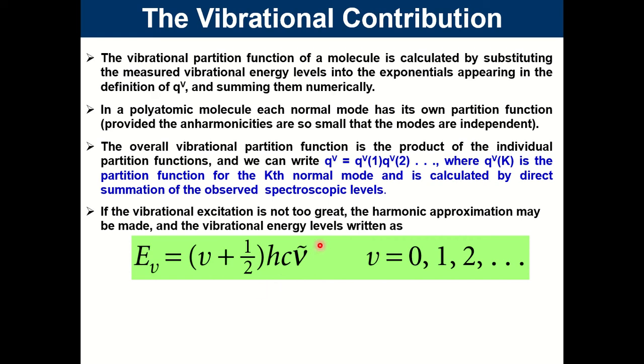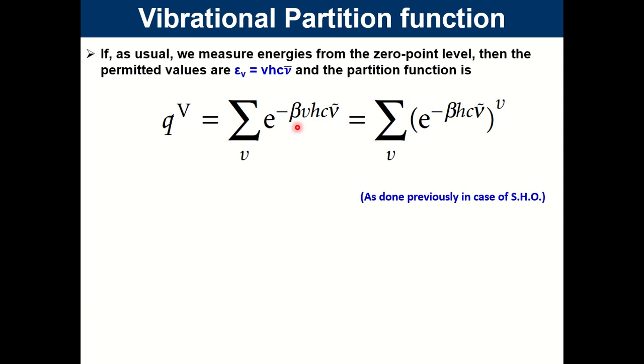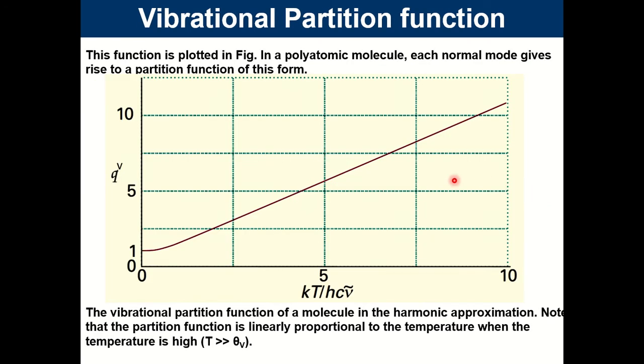We substitute this value for a molecule based on the simple harmonic oscillator, the vibrational frequency and all this. So we can have this kind of expression which can be simplified. You just go back and look at how we have done this in the simple harmonic oscillator. It is detailed in my previous lecture. So if you do that, okay, so this is the expression.